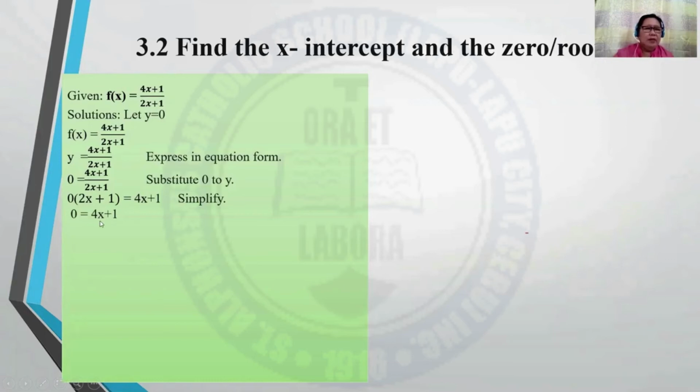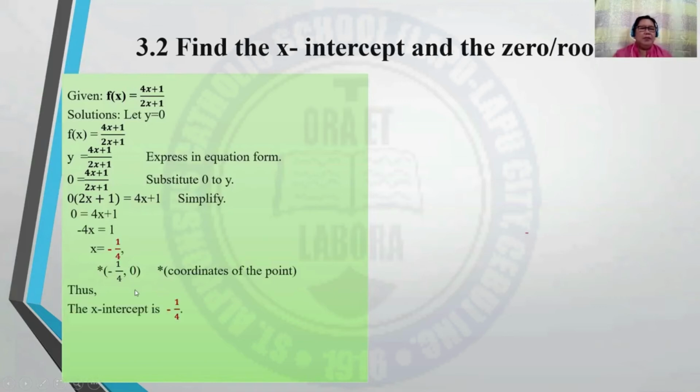What we have now, 0 is equal to 4x plus 1. Transpose 4x to the other side, negative 4x is equal to 1. Divide by negative 4, so x is equal to negative 1/4. So the coordinates of the point, we have negative 1/4 and 0.